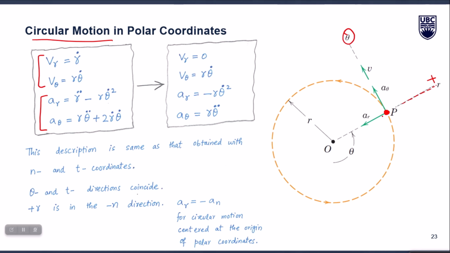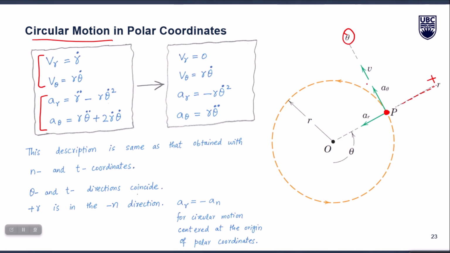Now the theta direction will actually coincide with your tangent direction in this case, right? So theta is coinciding with the tangent of the path, which is the orange color circle here. The velocity v at any time instant when the particle was at point P will be tangent to that path, or actually in the theta direction.